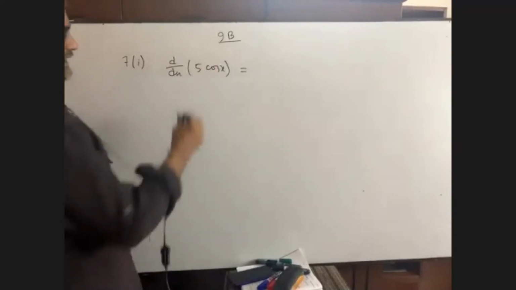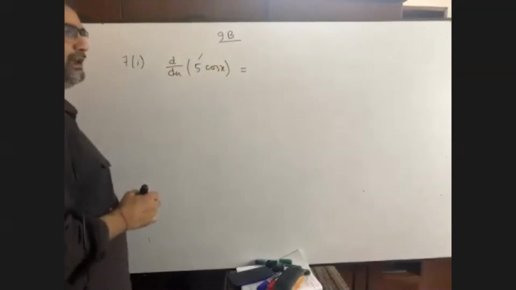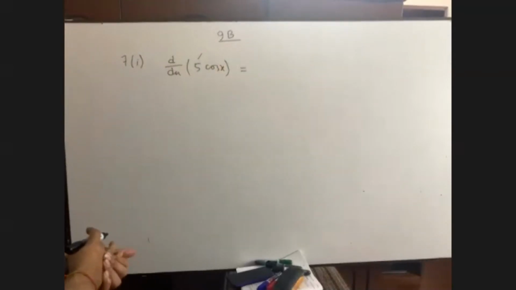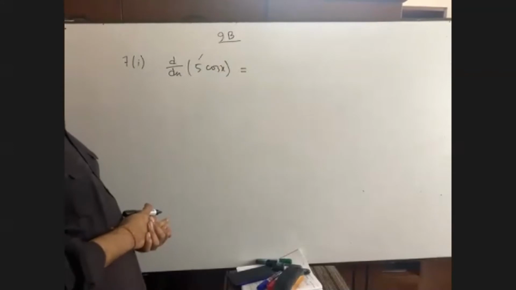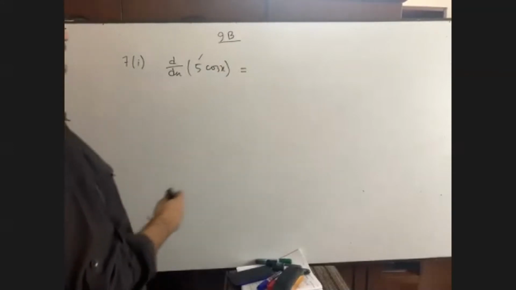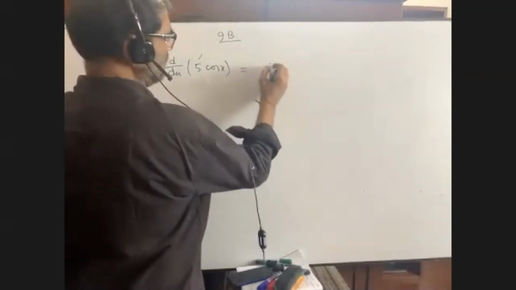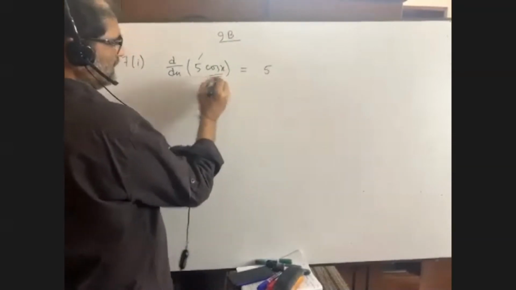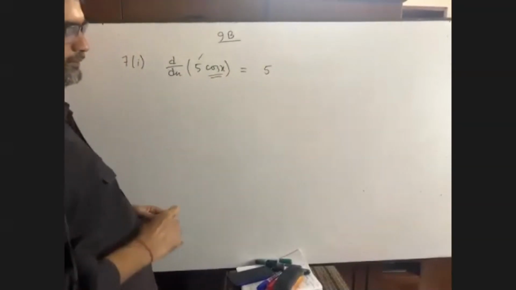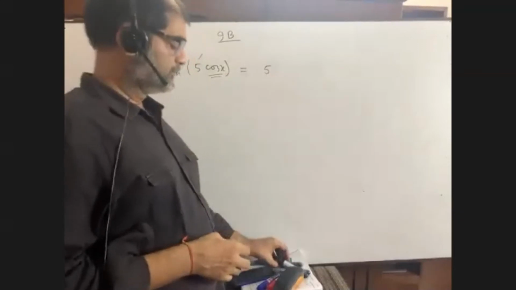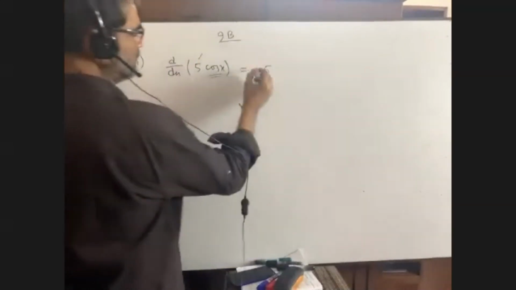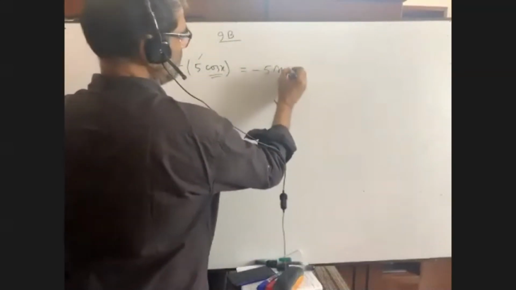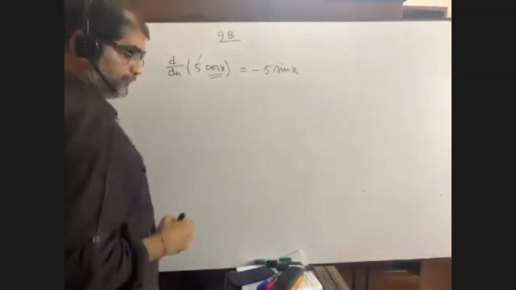You see, the coefficient will never be changed. You keep the 5 here. What is the formula for cosine x? Minus sin x. Very good. So there is minus sin x. So our math is done.